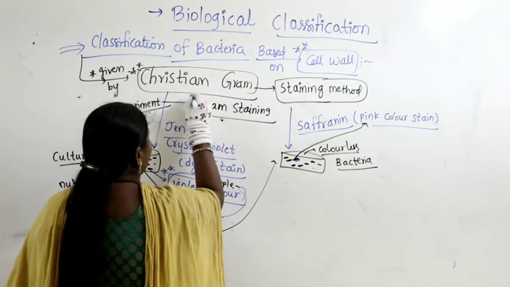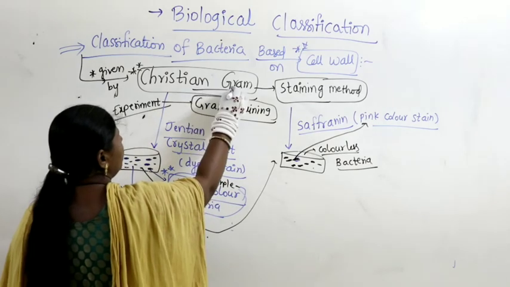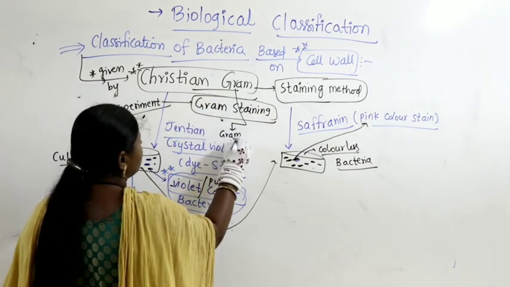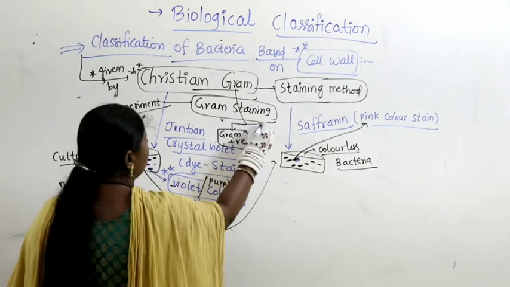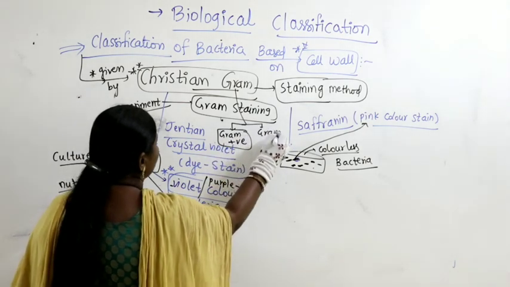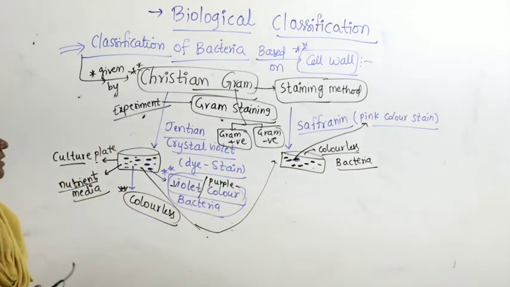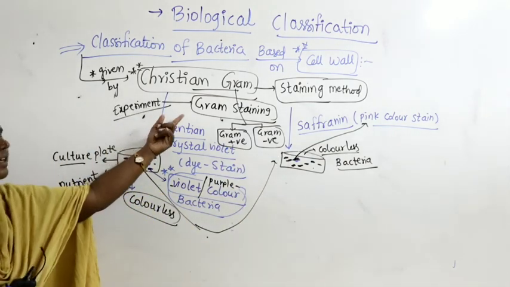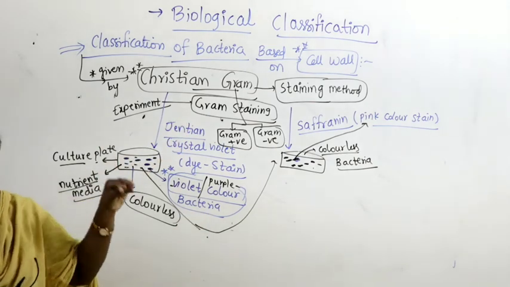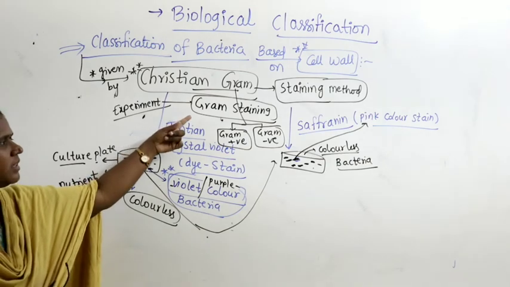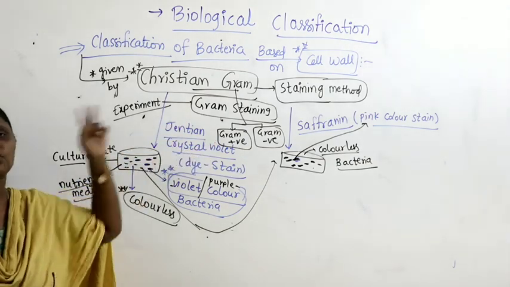With the help of gram staining, he divided the bacteria into two categories, gram positive bacteria and gram negative bacteria. The staining is the absorption of dye, and with this staining method he was able to divide the bacteria into two categories.